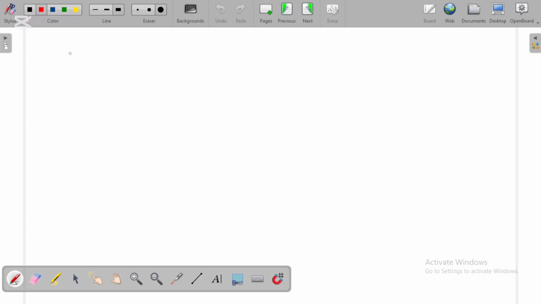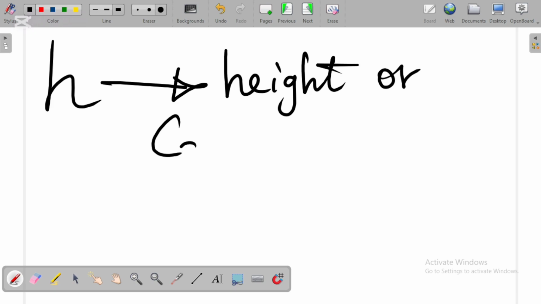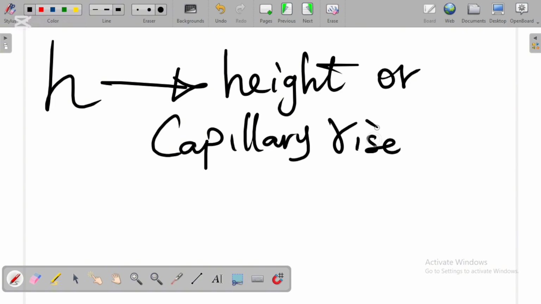Now, in the question, we are given that H. Take note of this: H is height or capillary rise/depression.